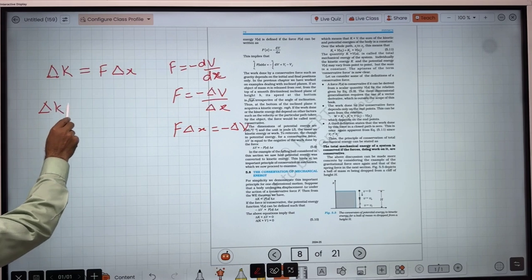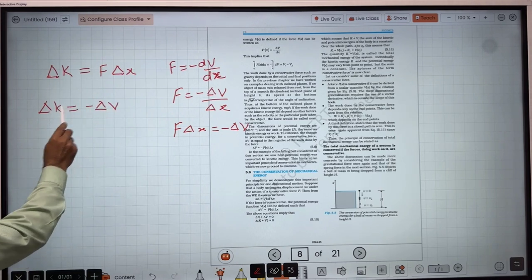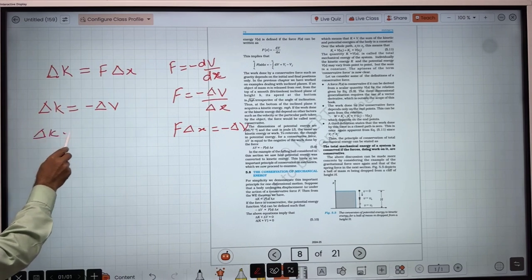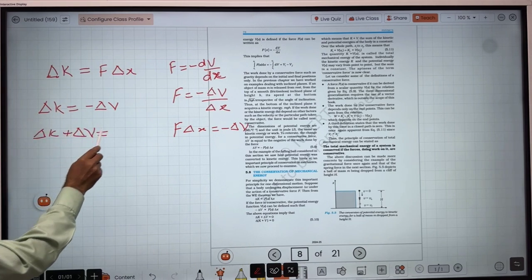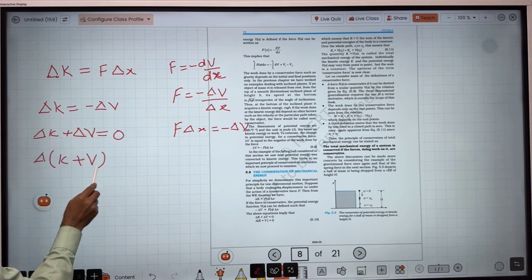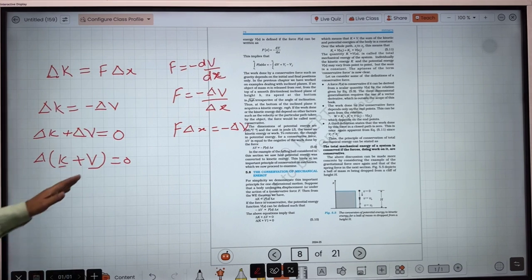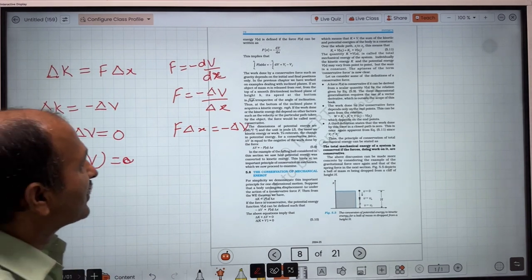So delta K equals minus delta V. You take this to this side: delta K plus delta V is equal to 0, or taking delta common, delta of K plus V equals 0. This is kinetic energy, this is potential energy. So the change in potential energy and kinetic energy is 0. It means they are constant. So this is the energy conservation principle.